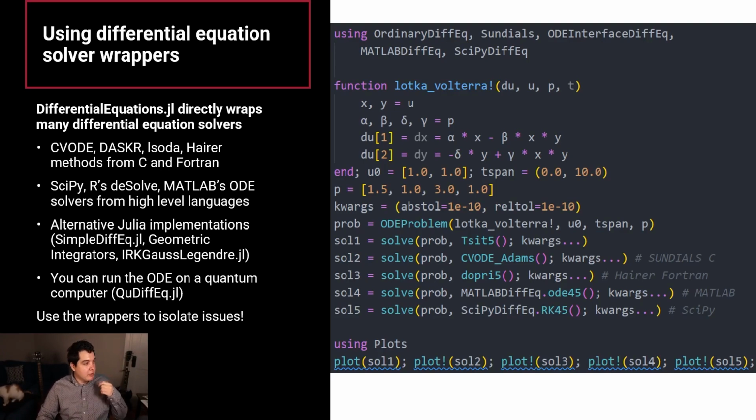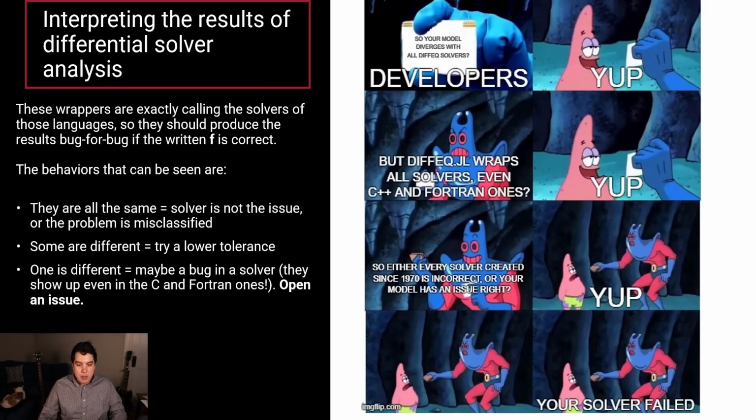And a way to be able to see whether your tolerance is not sufficiently low is if you have a group of solvers that have a different solution from another group, right? If there's one odd one out, that solver might be an issue. If there's a whole group of them, group A, group B, then reducing the tolerances will almost certainly make those be the same.